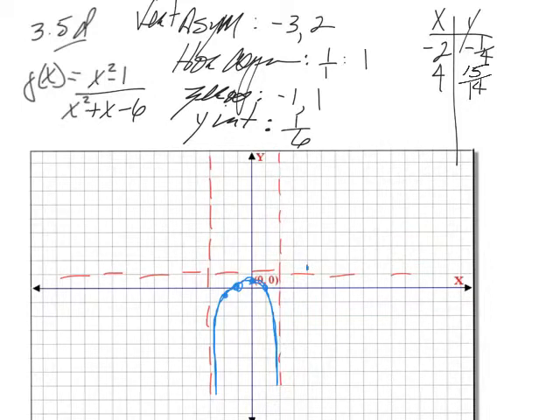Let's see what happens if I put in 3. That gives me about 4/3. So I go over 3 and up 4/3. It doesn't really do a whole lot, but what I'm finding out by putting these numbers in is that it saves me from thinking it's going to be over in here somewhere.